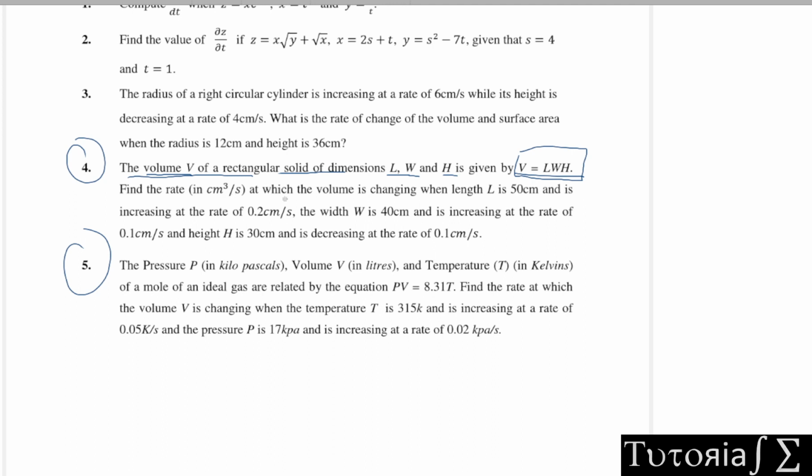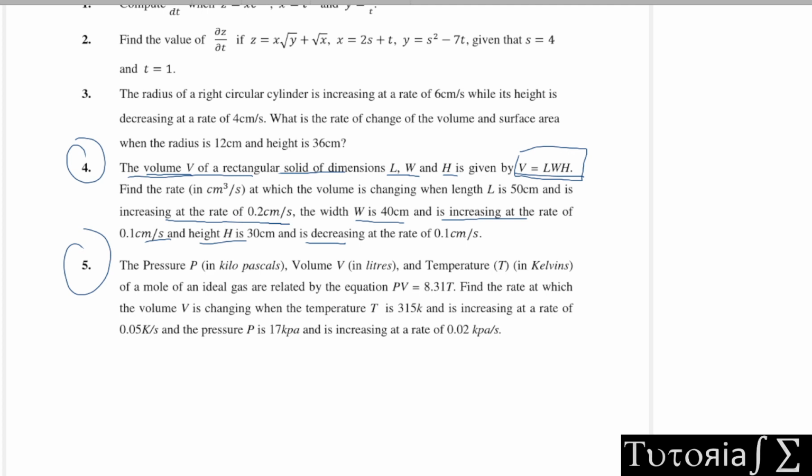Find the rate at which the volume is changing when L is 50 and is increasing at a rate of 0.2. The width is 40 and is increasing at that rate. The height is 30 centimeters and is decreasing at that rate.